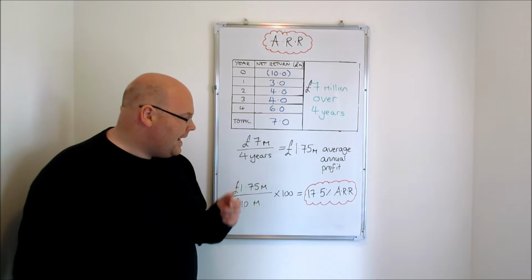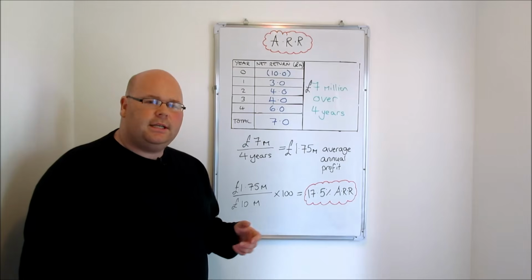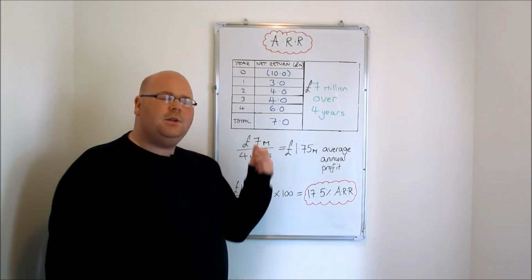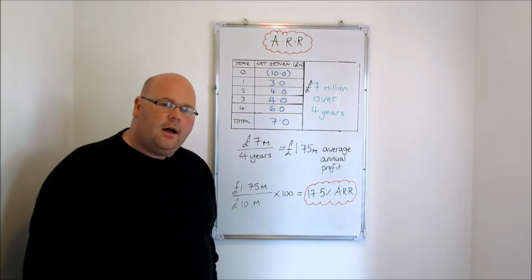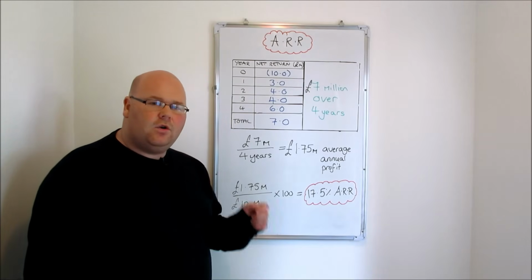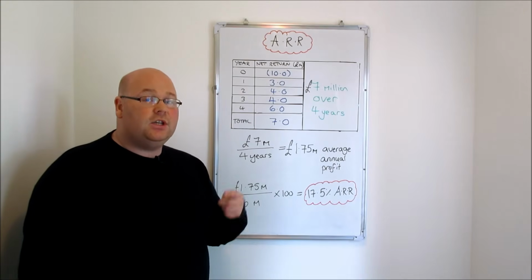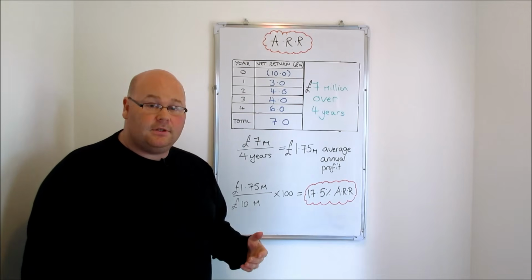We can also perhaps compare our ARRs to other measurements to see whether projects are a good or a wise investment. For example, imagine we only had this one project that we were considering and it's got this ARR of 17.5%. Well, that number compares incredibly favourably to the return that we could make just leaving this £10 million in a high interest bank account and recouping the returns that that would give us.